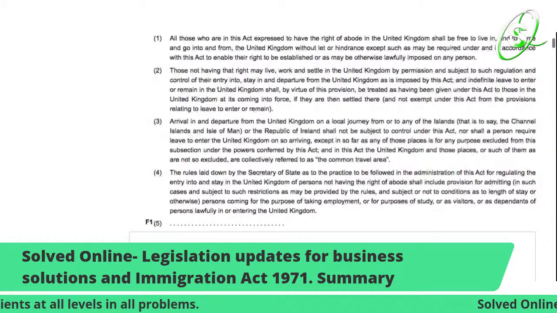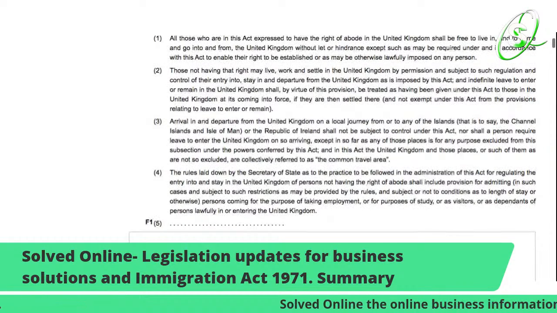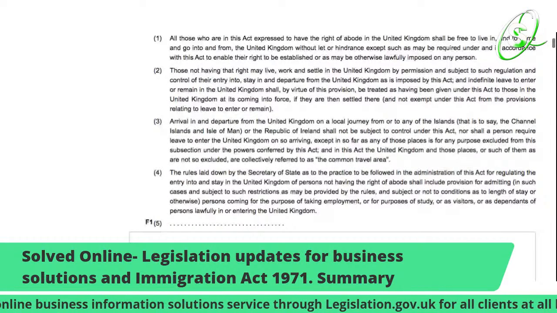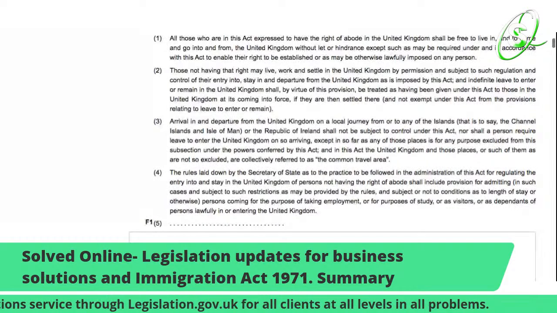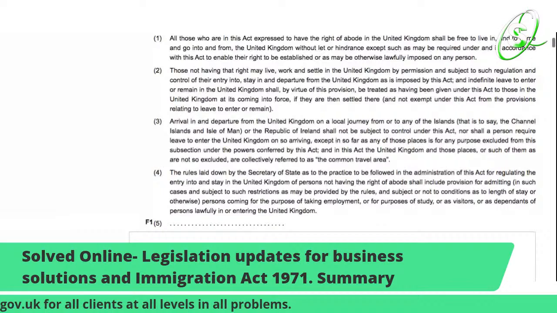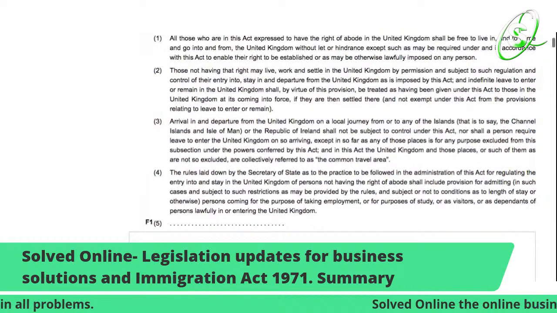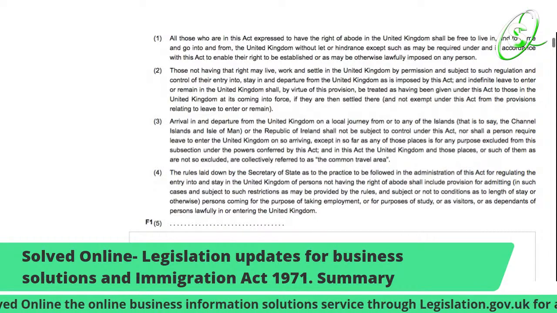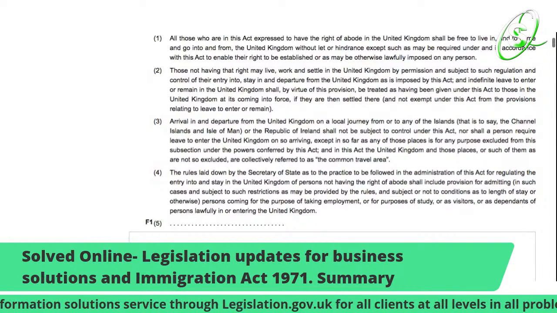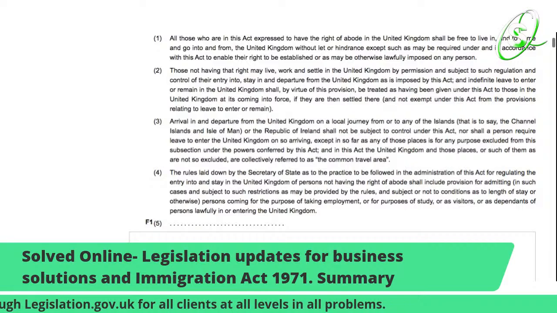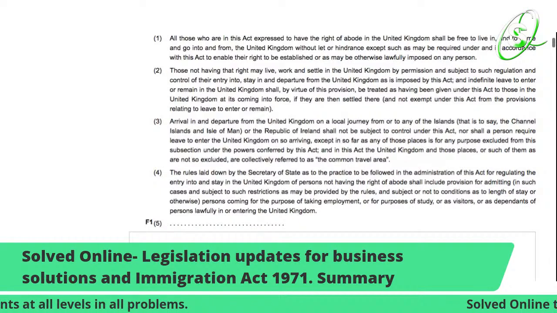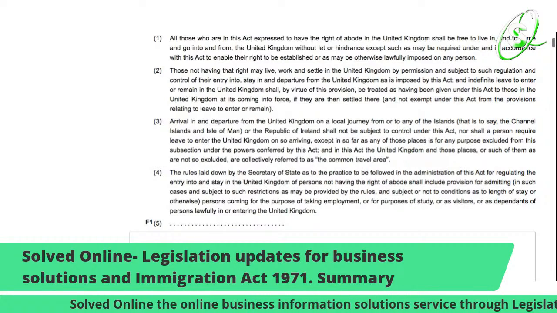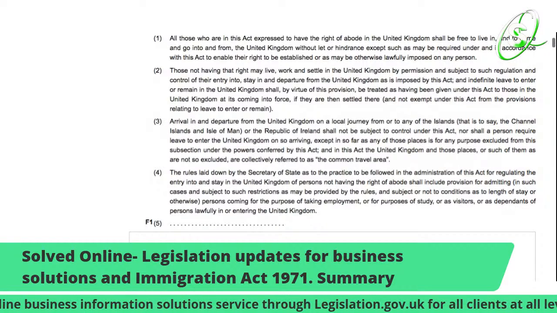And it goes, those not having that right may live, work, or settle in the United Kingdom by permission and subject to such regulation and control of their entry into, stay in, and departure from the United Kingdom as is imposed by this act, and indefinite leave to enter or remain in the United Kingdom shall, by virtue of this provision, be treated as having been given under this Act to those in the United Kingdom at its coming into force, if they are then settled here and not exempt under this Act from the provisions relating to leave to enter or remain.